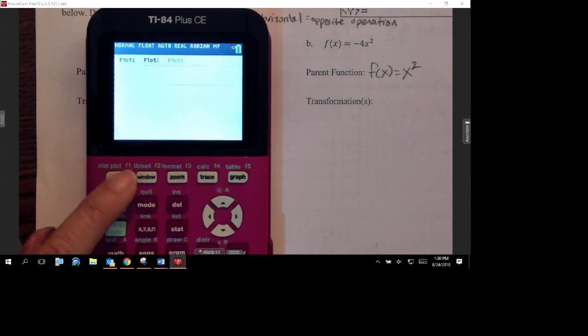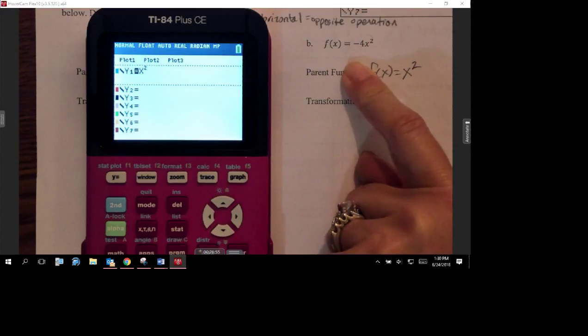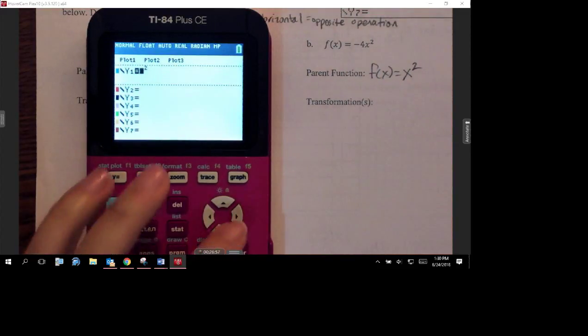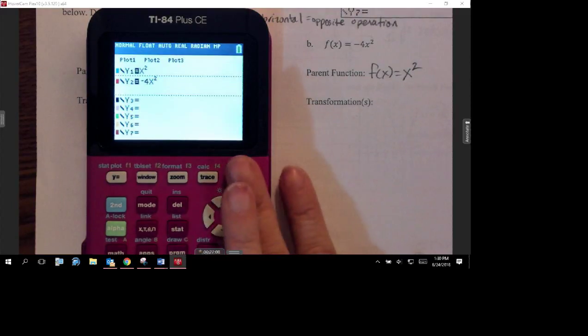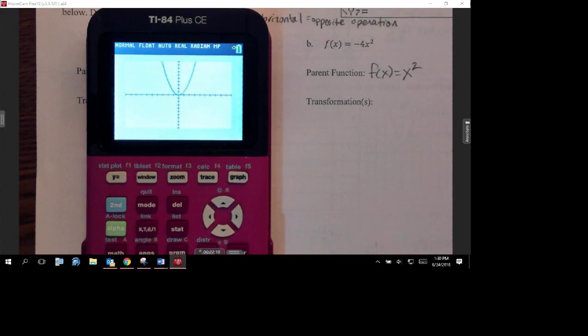If that looks good, you're going to go back to y equals, and now type in negative 4x squared. Make sure it's a negative sign, and we're doing that in the second y. Negative sign, 4x, and then the x squared button. And then when you hit graph, it should look like this.